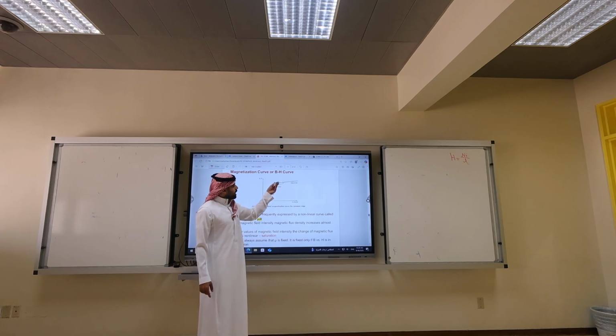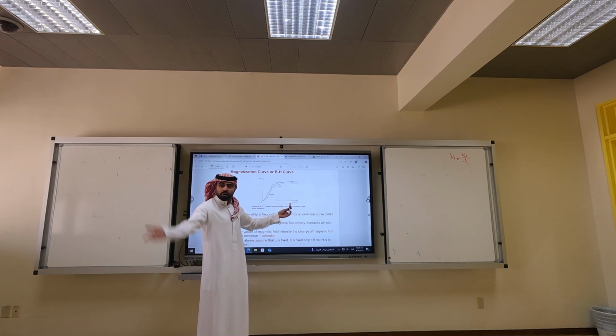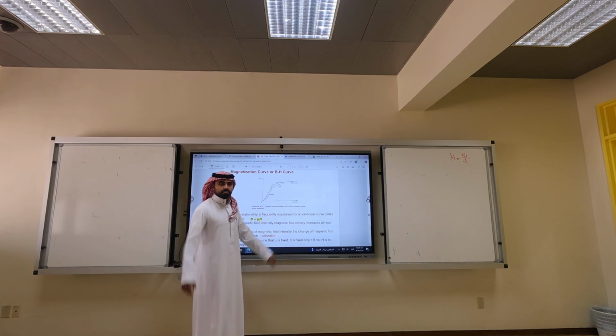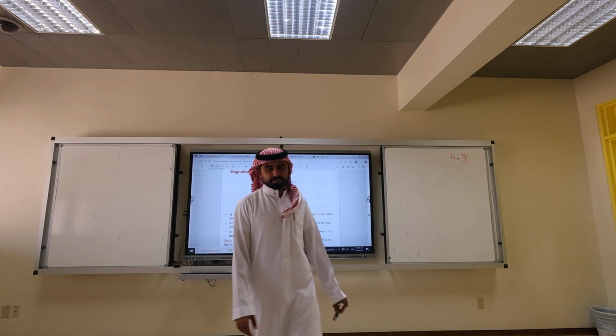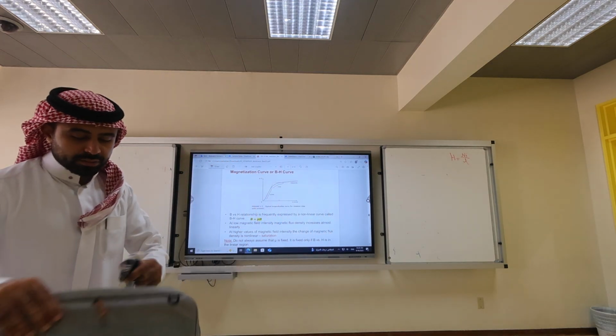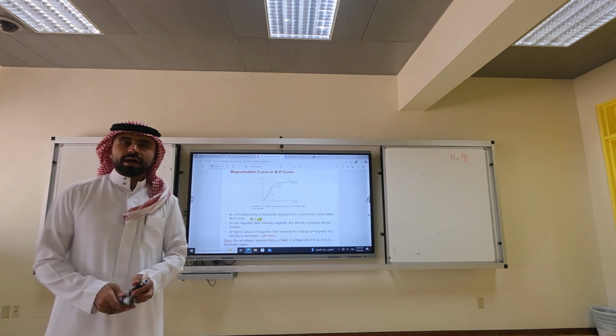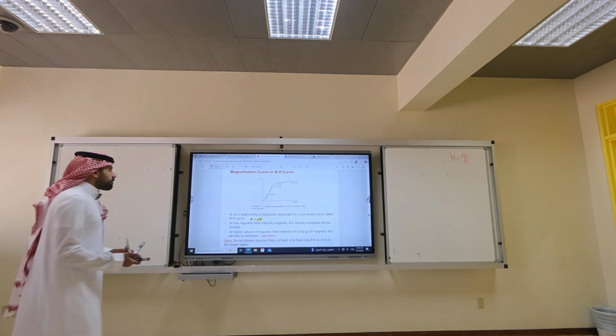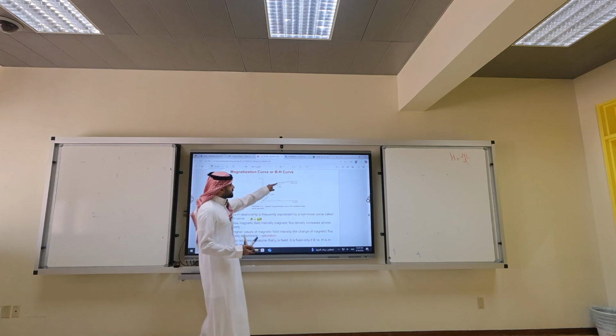This is the optimal area because that's the maximum current I can add to get the maximum flux. Any incremental value of current is a waste of money. So when you operate your motor or generator or transformer, make sure you are operating at the knee.